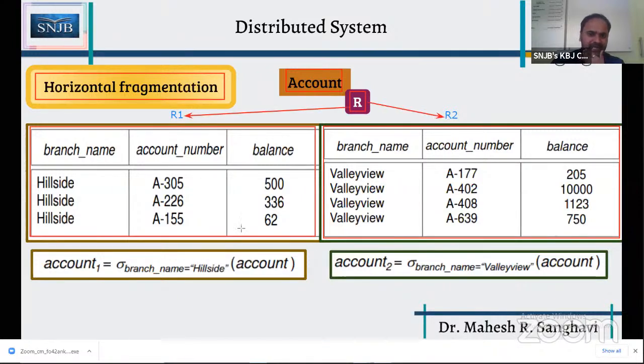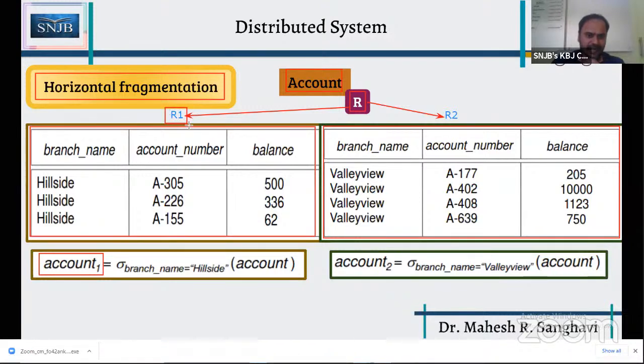Now, when there is a table like account, you may remember the commands of relational algebra, where account 1 is your R1.